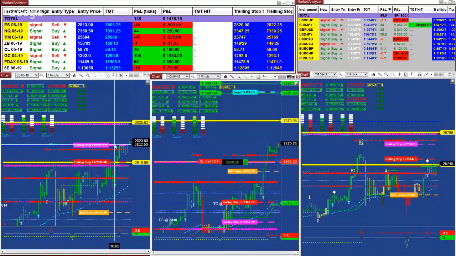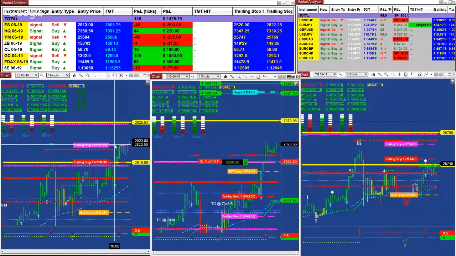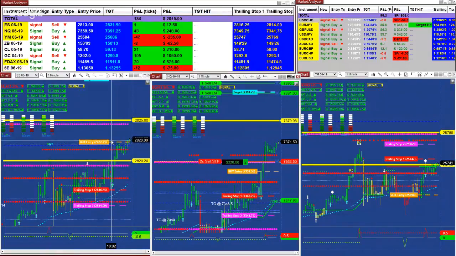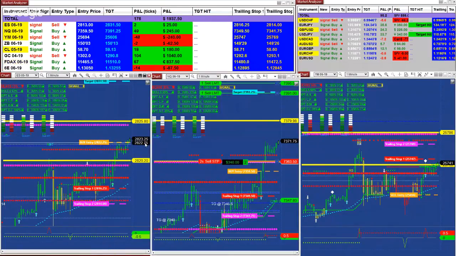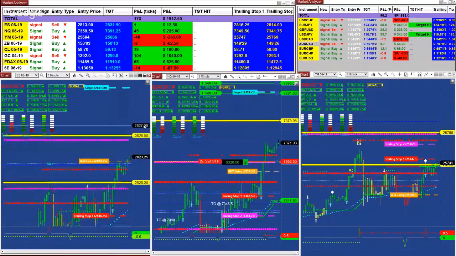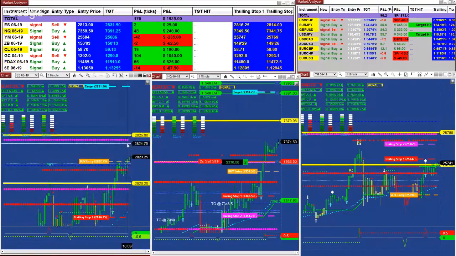And as you see, the ES now starts crossing. We have a buy entry. You can put a limit at the 23 level. And now we are ready to go with the ES trade, and now we are making a good trade on the ES. There are two options on the ES.